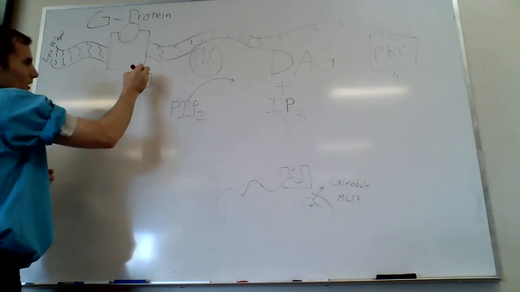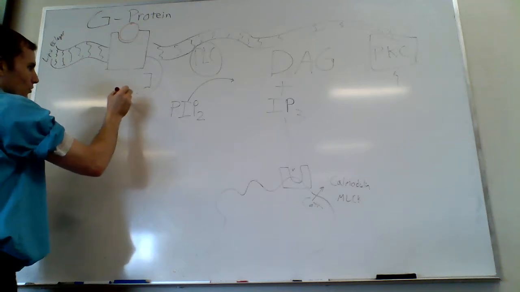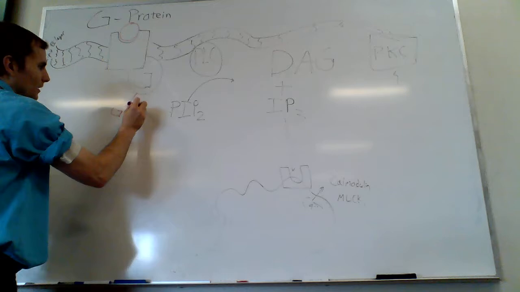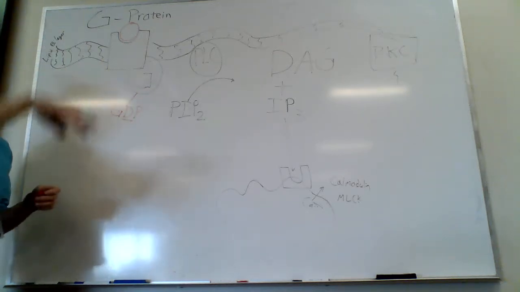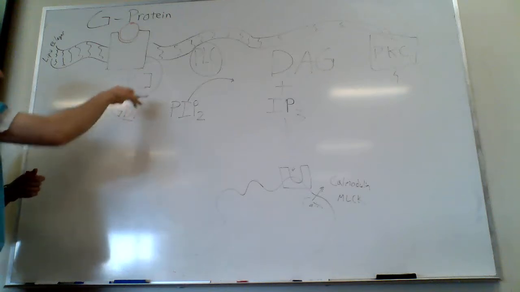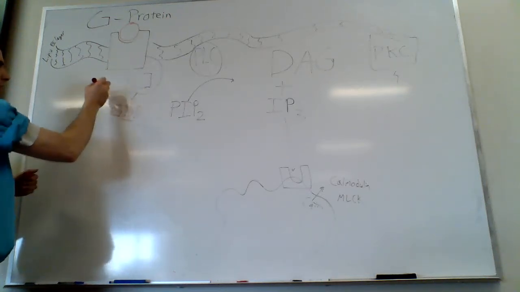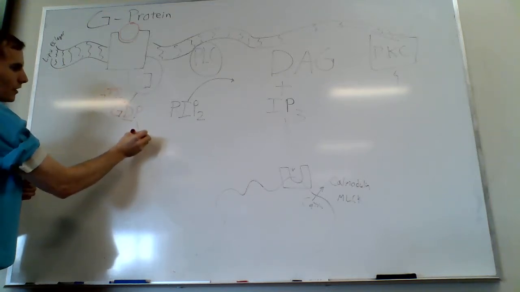So the receptor activates the G-protein to pick up a new, so right now it has a GDP. So the diphosphate, that's in the lower energy state, and so the G-protein's in resting state. As soon as the receptor turns on the G-protein, then it gets GTP to come in and kick off that GDP.